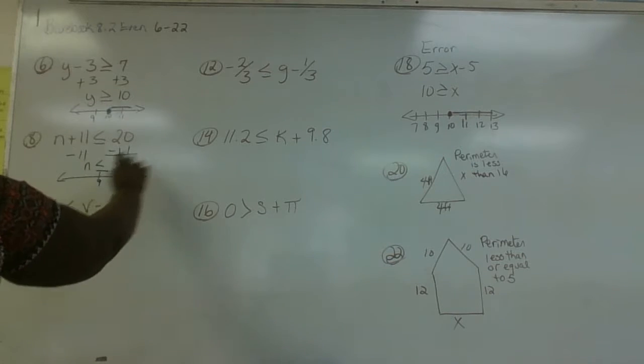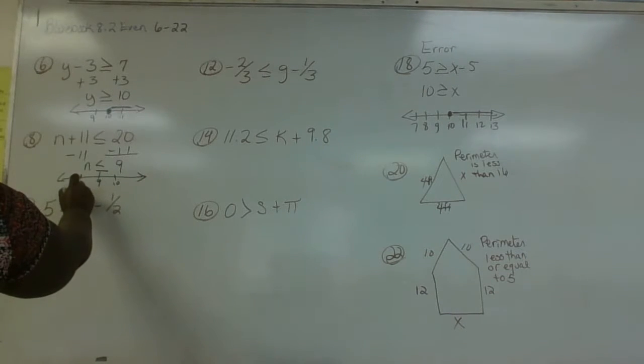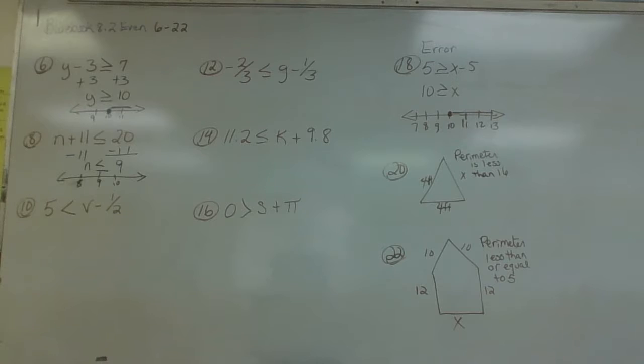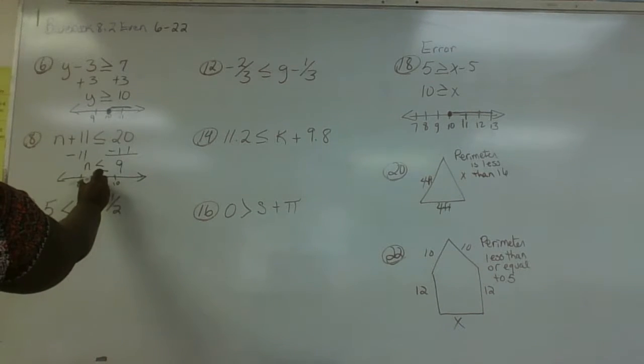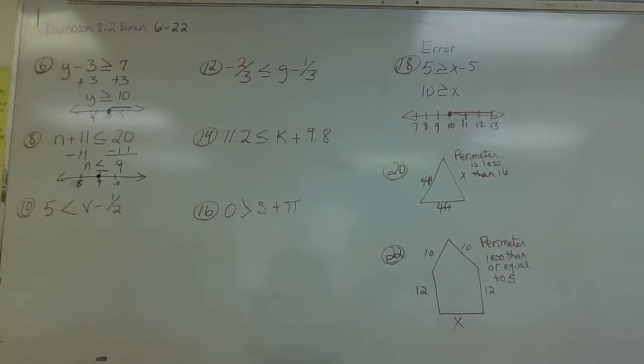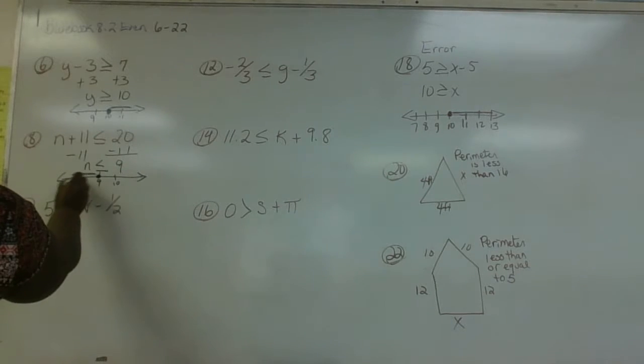We have 9. To the right, we'll be going up. To the left, we'll be going down. We start at 9, equal to, so it will include the 9, and then our line will go in a direction wherein it is less than 9, and so it will go in this direction.